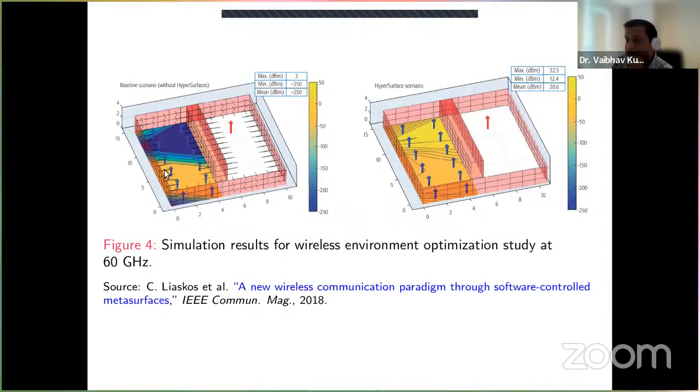You see this yellow region is where we have a higher power on this color bar, and the blue region is where the received power is very small.